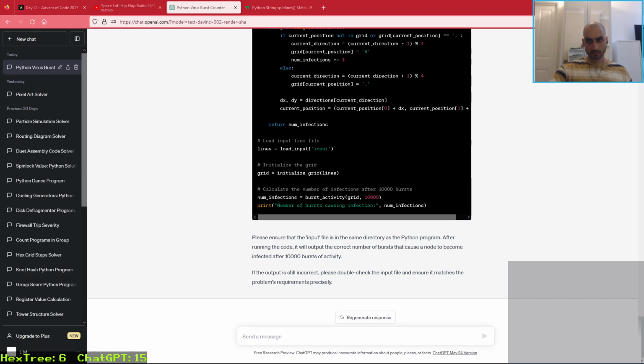Is current direction equals 0? Actually, yeah, that's correct. 0 minus 1. Wait, he's using the first parameter to be the row or the column? I'm not that interested. Let's move on. So that's a win for me.